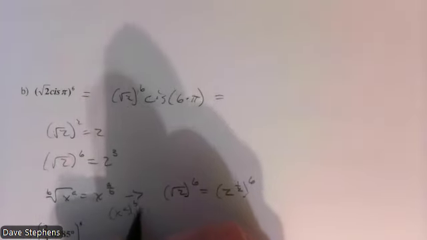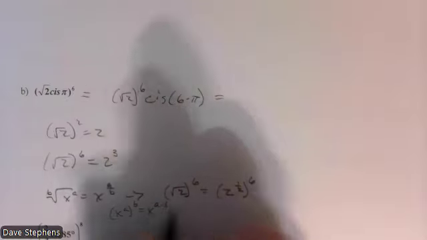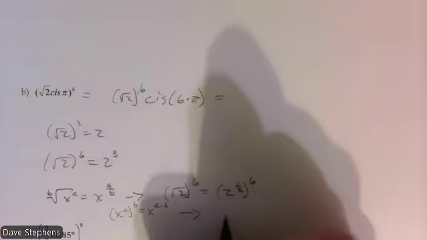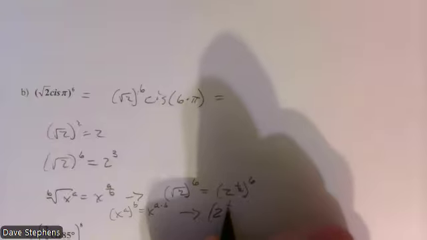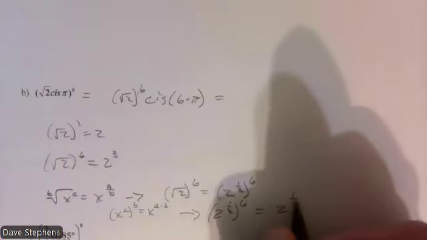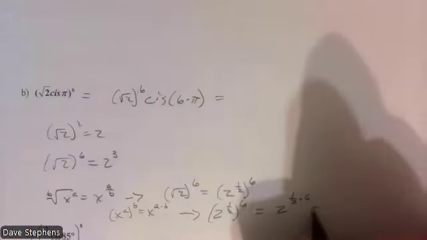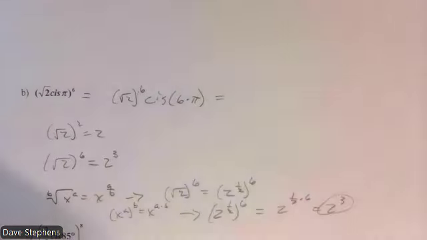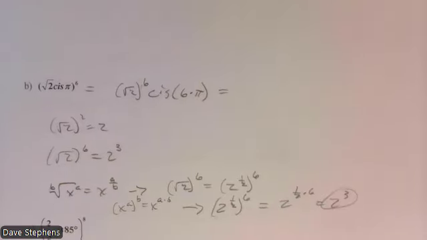And do you recall that x to the a raised to the b power is x to the a times b? So that means 2 raised to the 1/2 raised to the 6 is equal to 2 raised to the 1/2 times 6, which is 2 to the 3rd. Oh, beautiful. Love the laws of exponents. Thank you, Algebra 1.